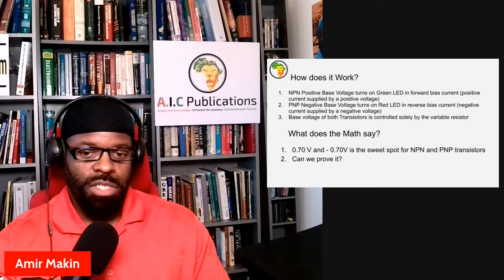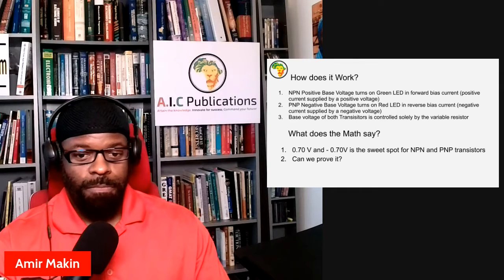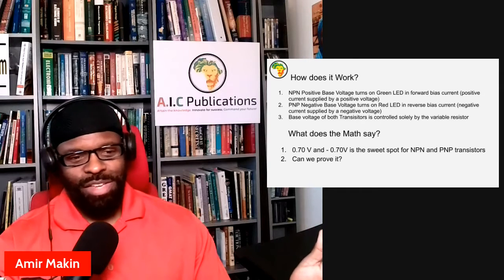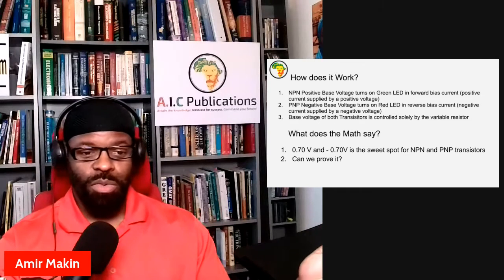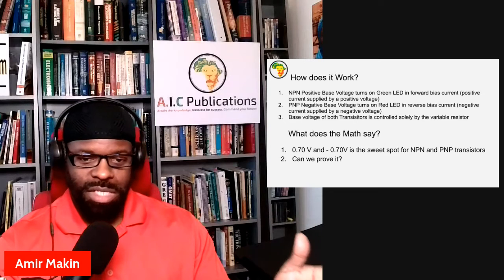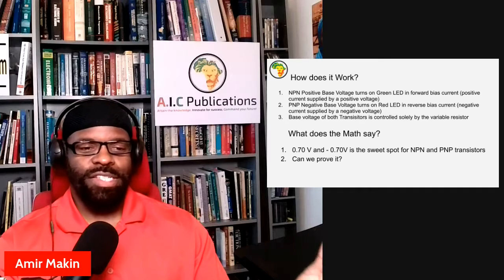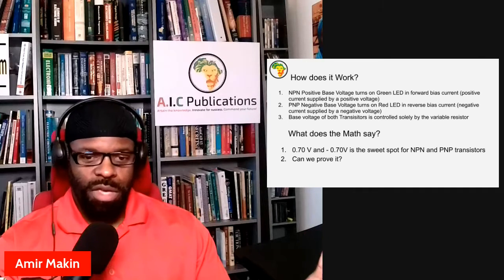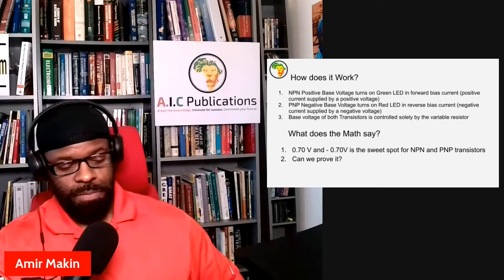Base voltage of both transistors is controlled by the variable resistor, the potentiometer that we had. And what does the math say? As we always say at AICpublications.com, can we listen to the math? Can we talk with the math? The math here basically says that 0.7 volts and negative 0.7 volts literally is the sweet spot for both NPN and PNP transistors. And we just proved that with our circuit.